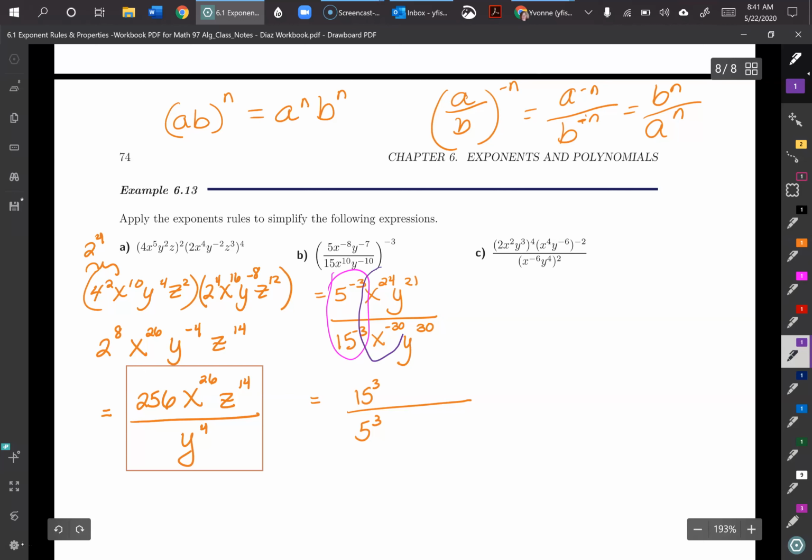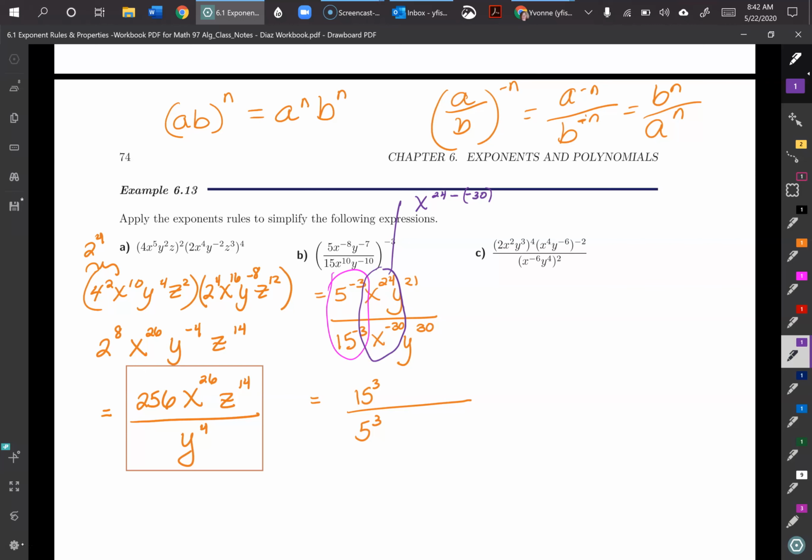This piece here, the x's. What I'm going to do is pull this up just so you see what I'm doing. I'm going to do x to the 24th divided by x to the negative 30. I subtract exponents, so I'm going to go minus negative 30 there. Okay, so I have a double negative. So what happens is I have 24 plus 30.